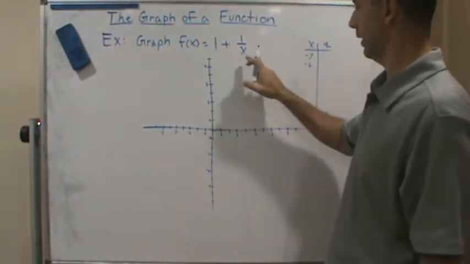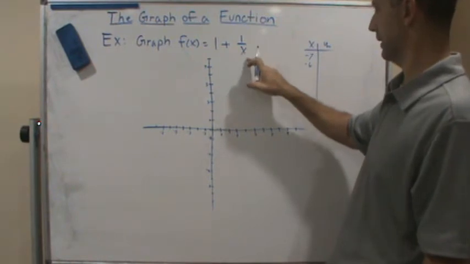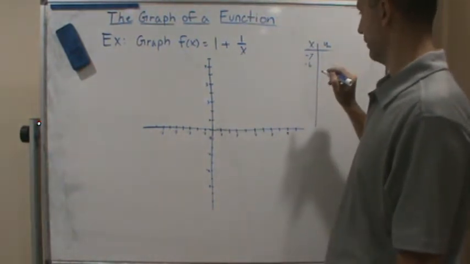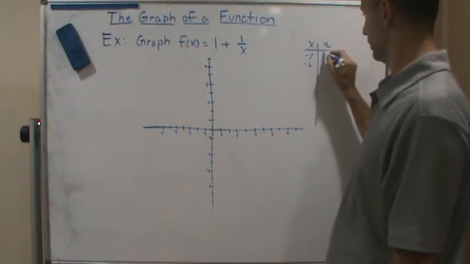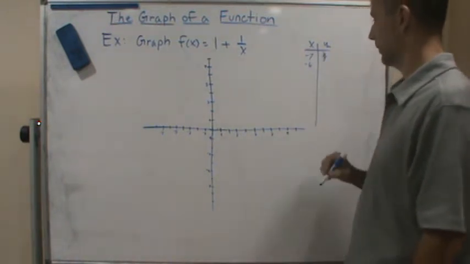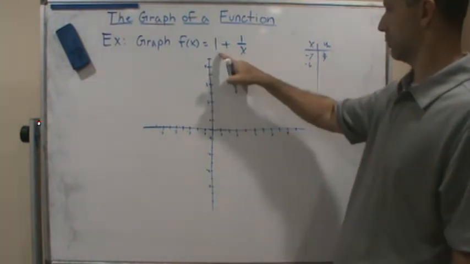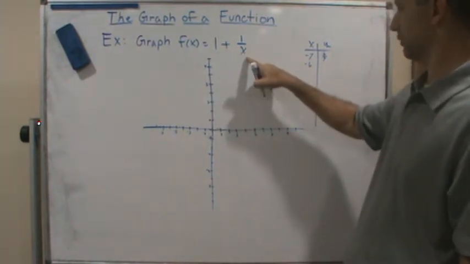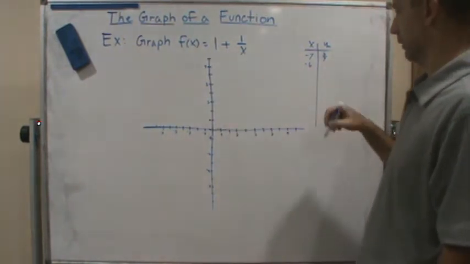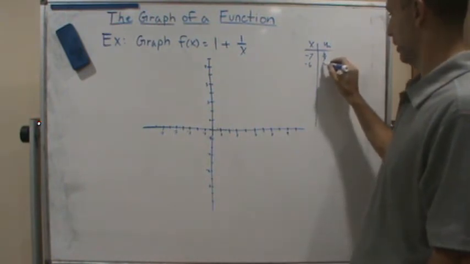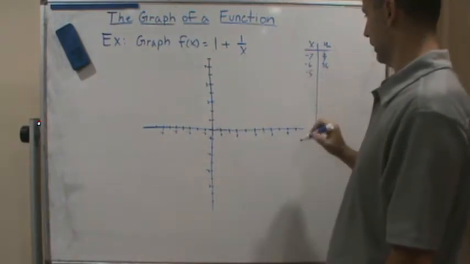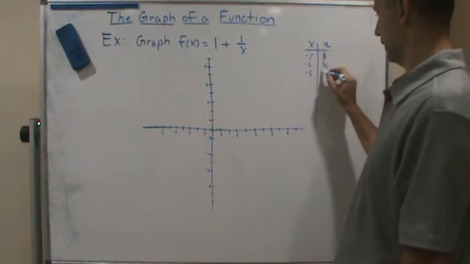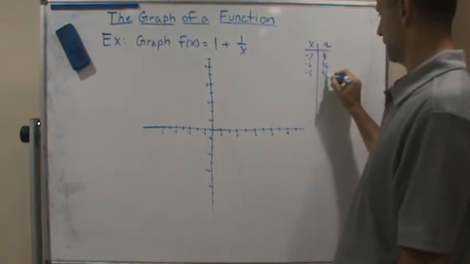So if we take 1 and we're adding a negative 1/7, then that's going to be just 6/7. And if we have 1 plus a negative 1/6, that's going to give us 5/6. If we put in negative 5, we get 4/5.